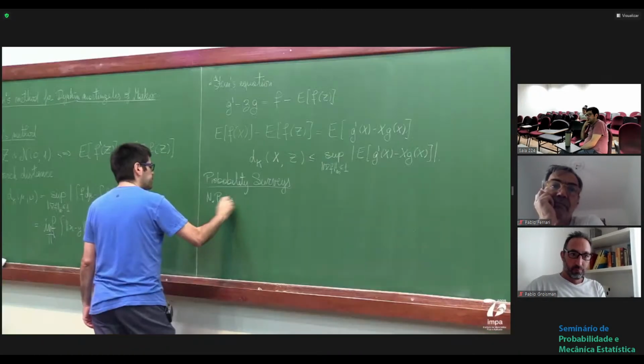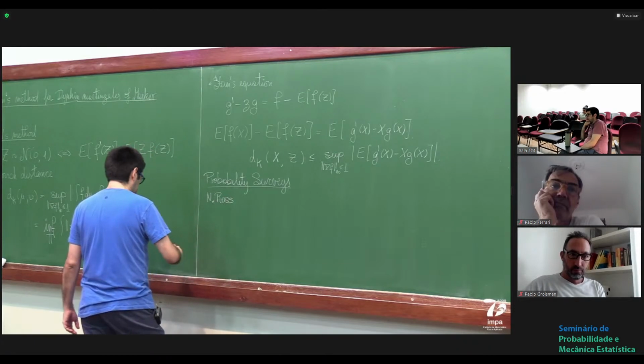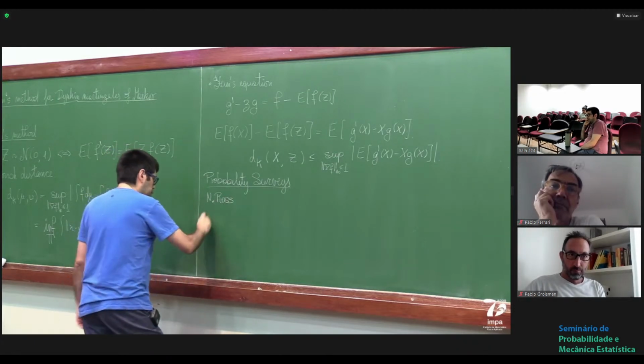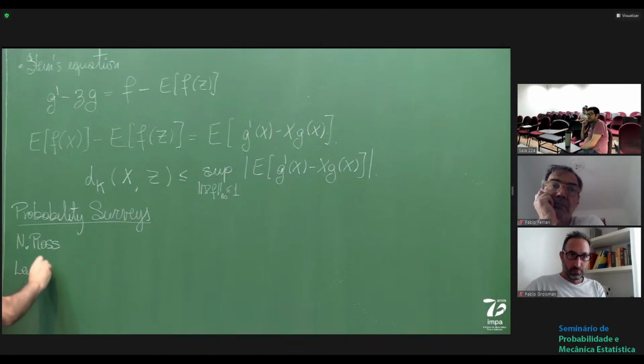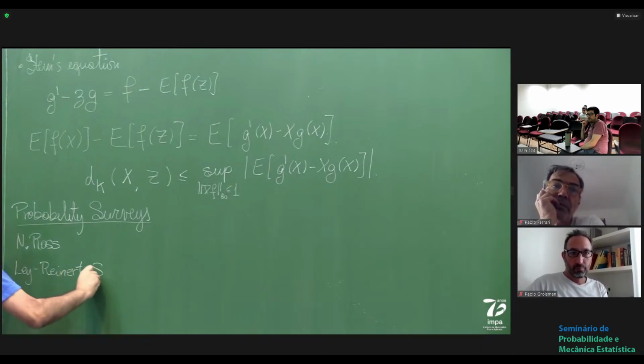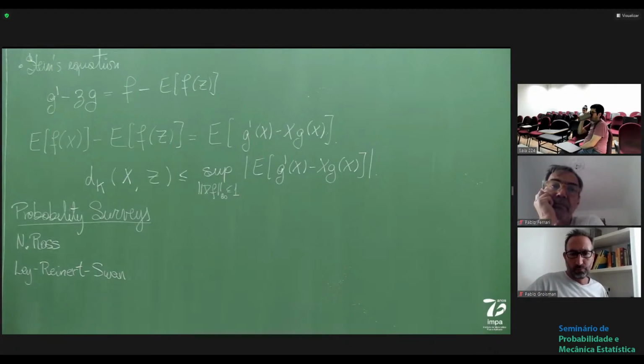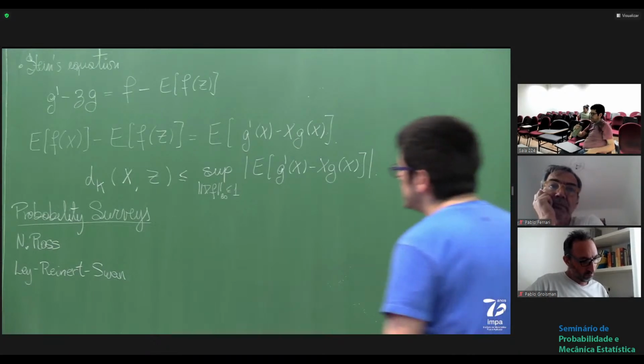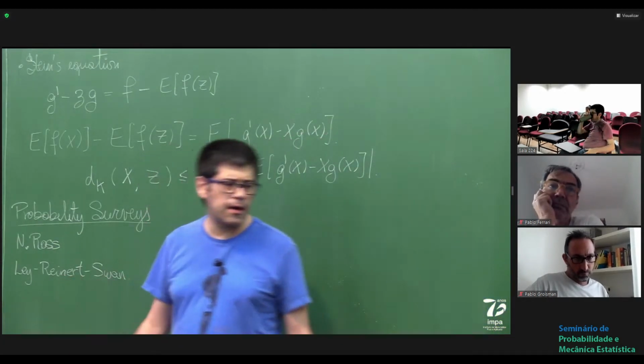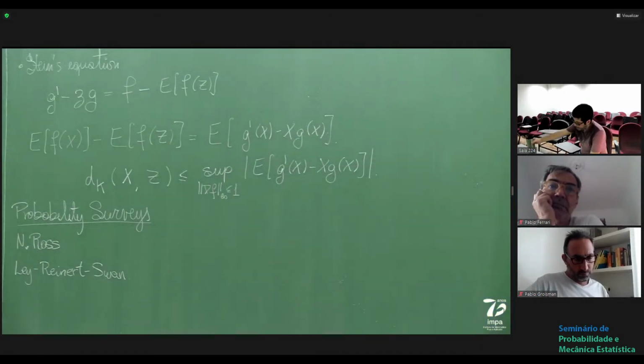One of them is by Nathan Ross, and the other one is by Ley, Reinert, and Swan. They explain in more detail the Stein method, and in particular, Gesine Reinert has various very interesting papers about how to apply this Stein method in very different situations.